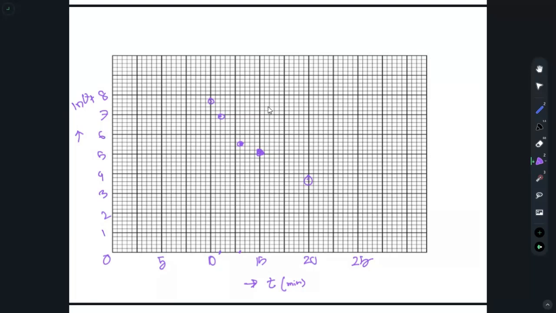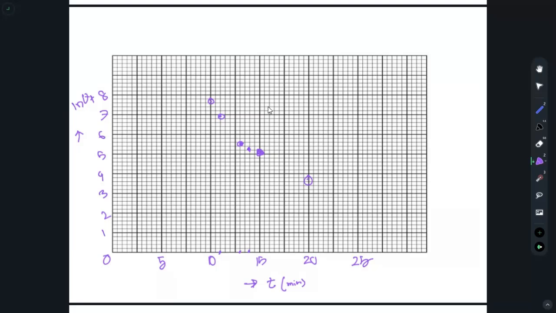And for 14, you get a value of 5.25. So this is 5, and 5.25 would be somewhere over here.